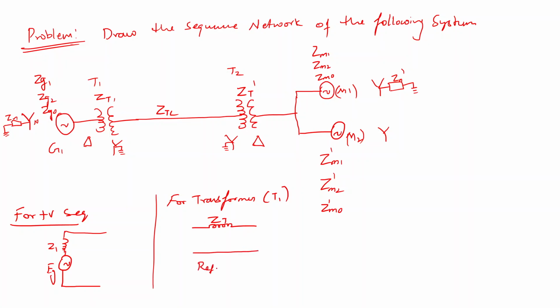What reference here, whether it is neutral or ground reference? Students, what type of reference do we need to take for the transformer? Ground, sir. Ground. Why ground? Ground or neutral? Tell me for the transformer.